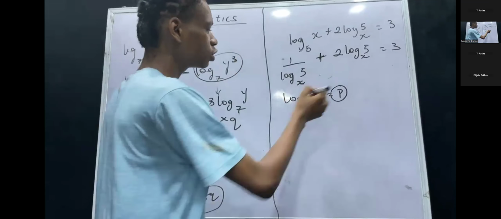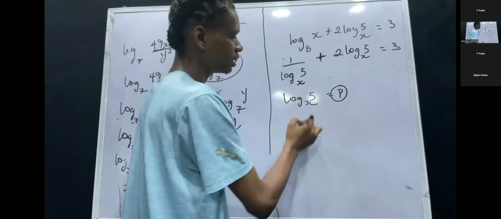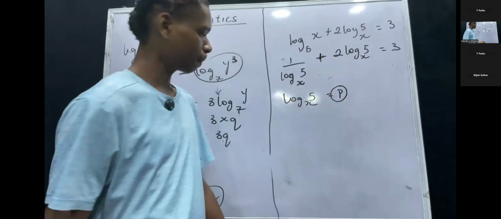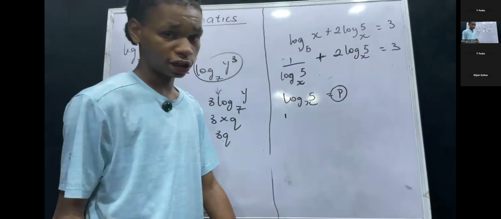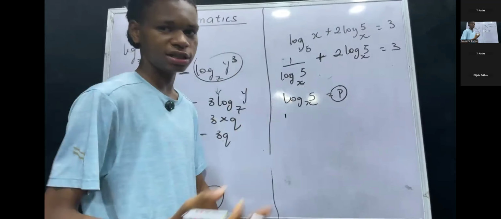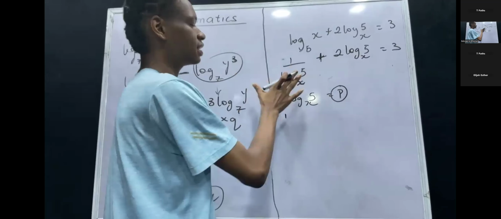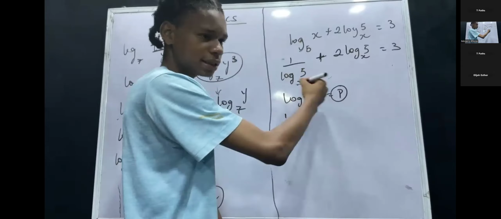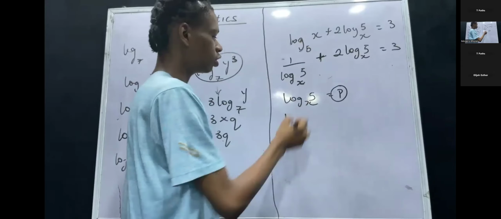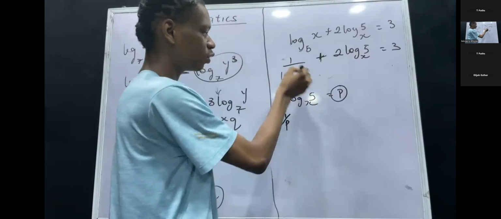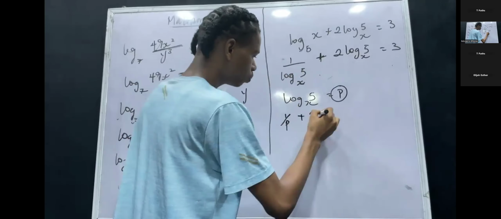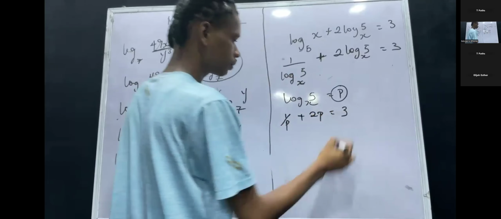Are you with me? So I'm going to replace anywhere I have log 5 to base x with p. You can use any variable, d, a, or y, as far as the variable does not conflict with the one in the question. So I'm saying 1 over p, because I have log 5 to base x, plus 2p is equal to 3.